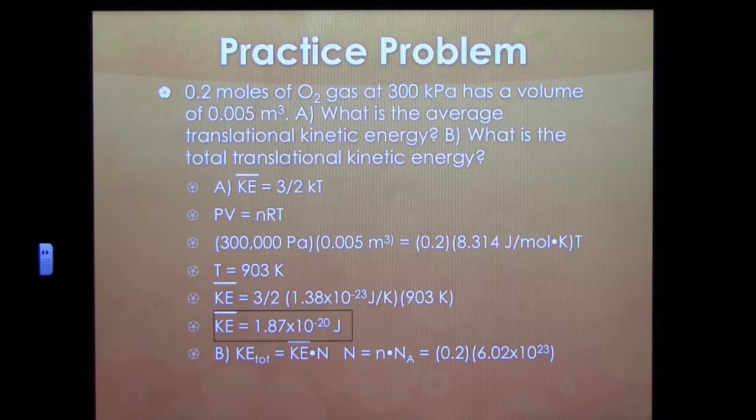So capital N, the number of molecules, equals lowercase n, number of moles, times Avogadro's number. So we take 0.2, our number of moles, and multiply by Avogadro's number, 6.02 times 10 to the 23rd, plugging that in for our number of molecules, and multiplying by the average kinetic energy of these molecules, we find the total kinetic energy to be 22,050 joules.